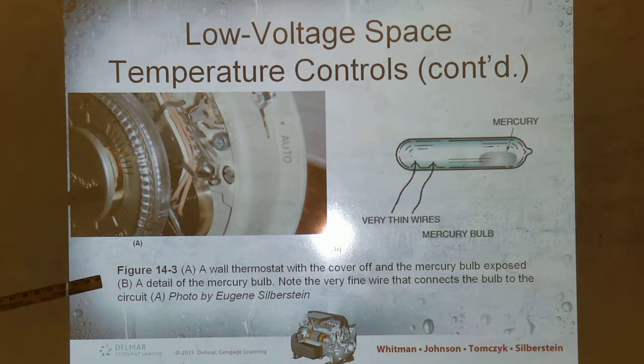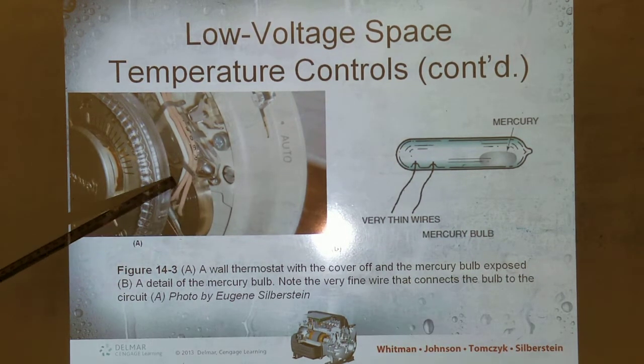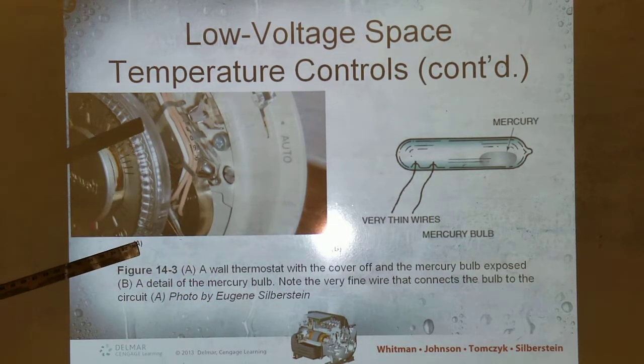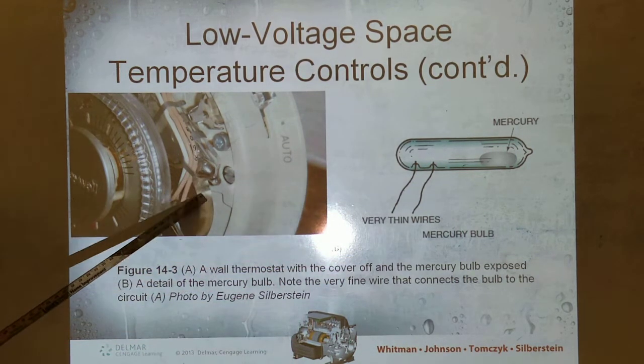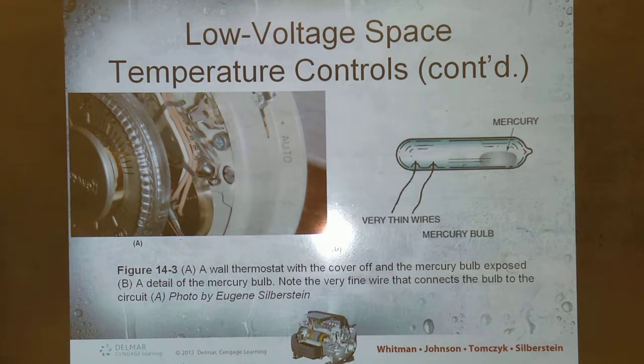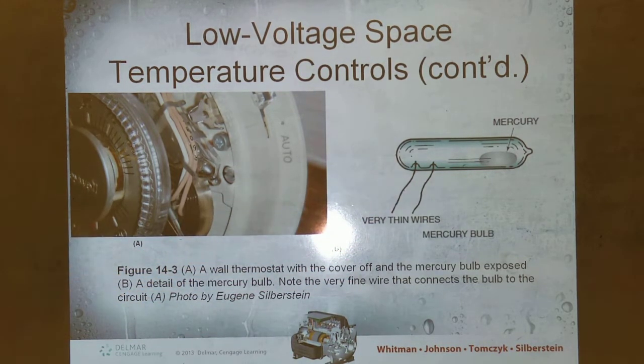Bimetal, that's curled up in a coil, and that's called a helix. And as that thing expands, this thing tilts back and forth and it makes contact with these contacts right here because mercury is metal and it's a conductor. Isn't that exciting?